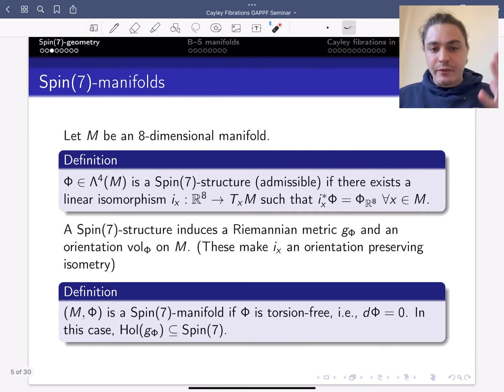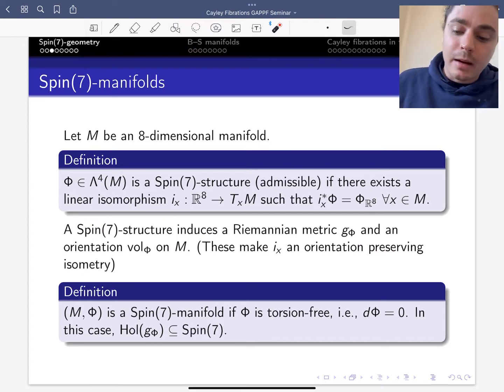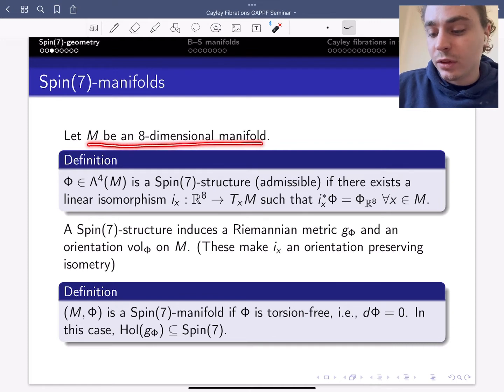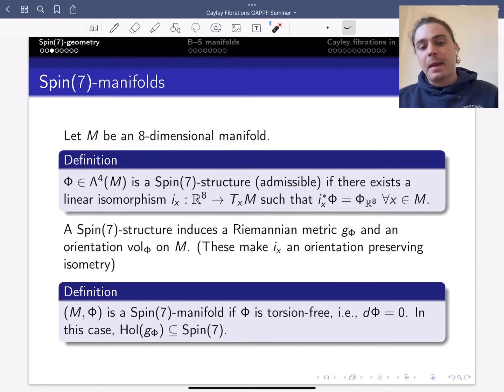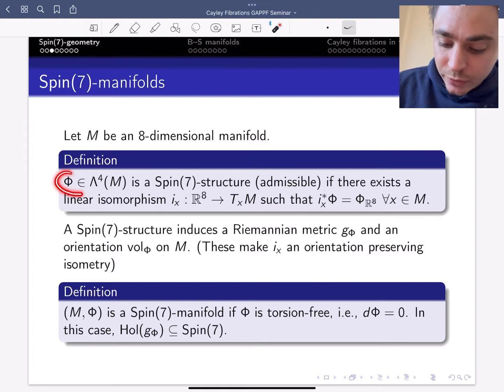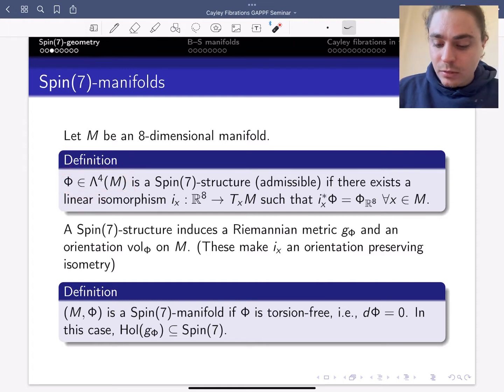Now we have a local model, but we want to pass from the local model to a global model. So the setup is now an 8-dimensional manifold M, and we put a 4-form Phi on it.